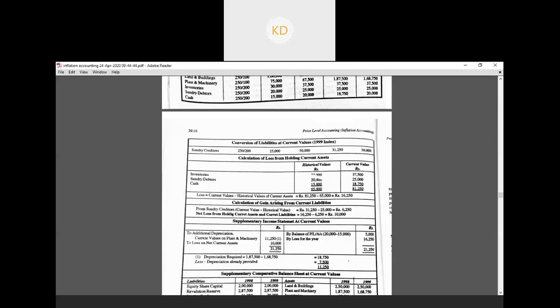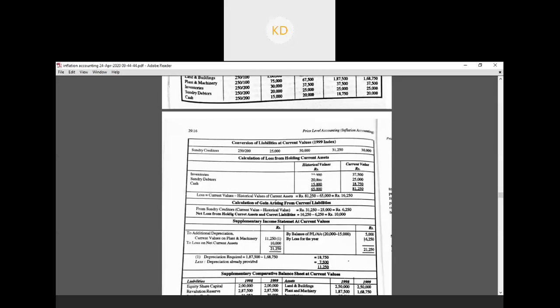So now when I am doing my current value calculation, I am calculating holding gain and holding loss. Total 81,250 is my current value of the opening balances. 65,000 is my opening balance historical value. So I am finding out how much is the loss. 16,250 is the loss on the current assets. Same thing I'll be doing on current liabilities.